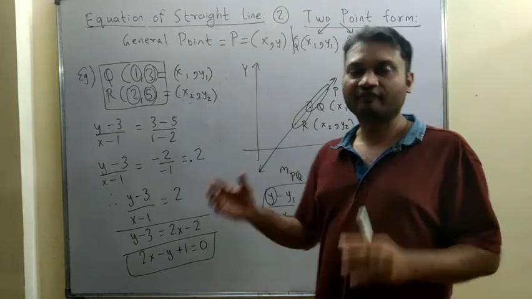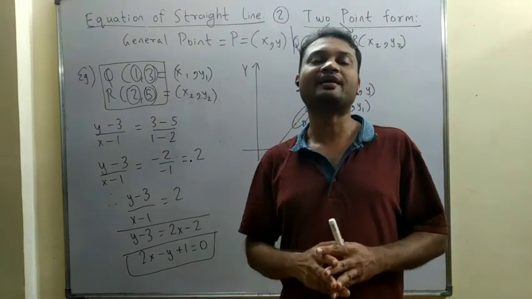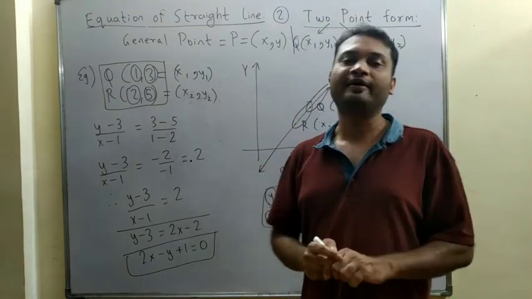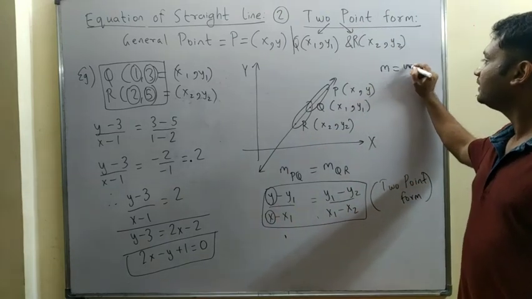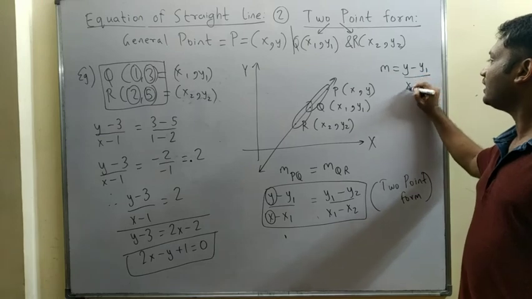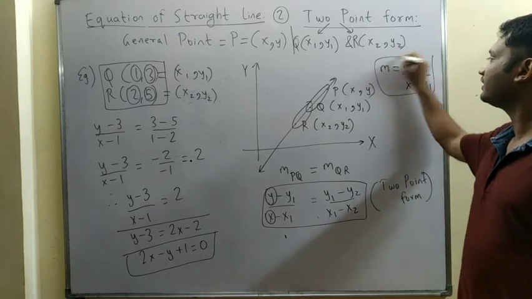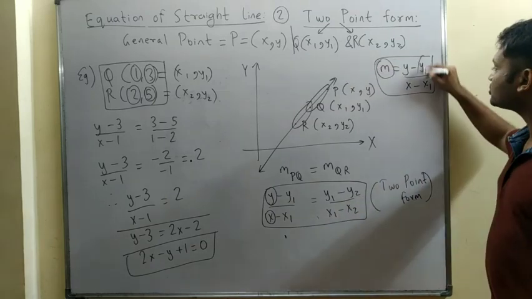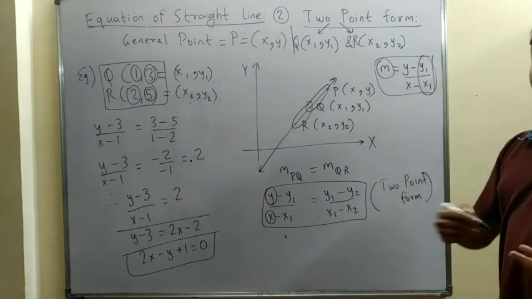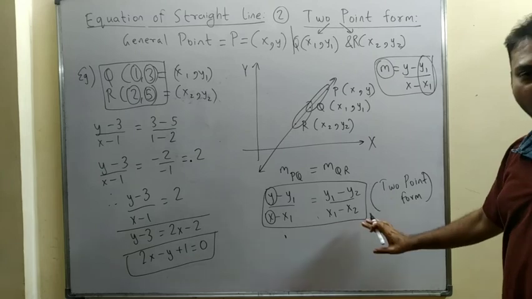So in this section we learned about two formulas. One is slope point form, in which we are given the slope, which is m, that equals y minus y1 upon x minus x1. Here we have the slope of the line, which is m, and a fixed point x1, y1. Another formula which we learned is two-point form.